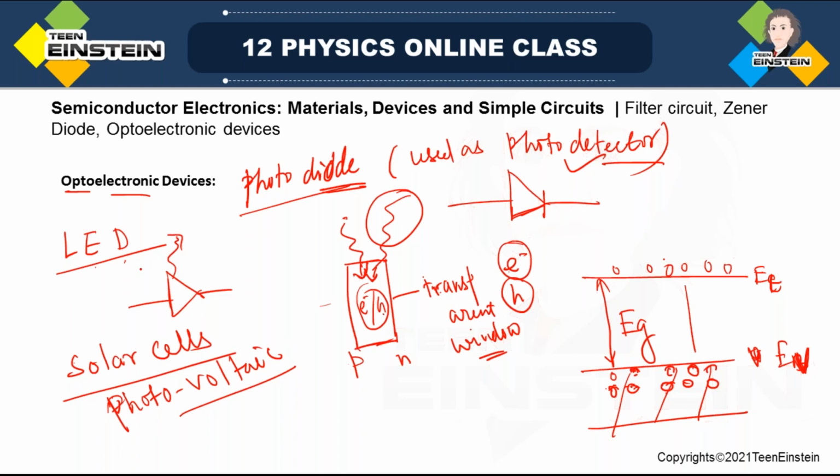Then you have the LED: if you give some electrical biasing to the junction diode, it will emit light. That is called an LED, light emitting diode. We'll discuss all these optoelectronic devices in detail in the next class.